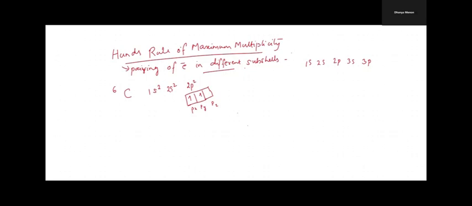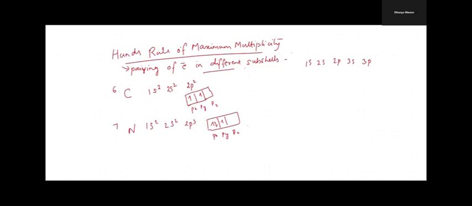For example, the next one is nitrogen. It is 7. So 1s2, 2s2, 2p3. So in this case, px, py, pz. We talked about this when we were discussing the Aufbau principle. Here the pairing will not take place.